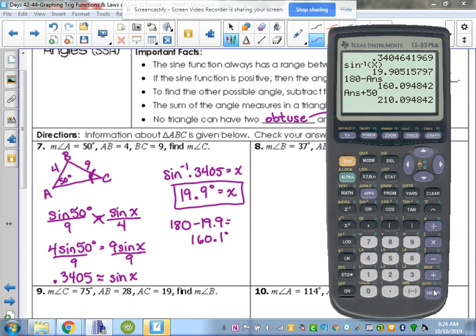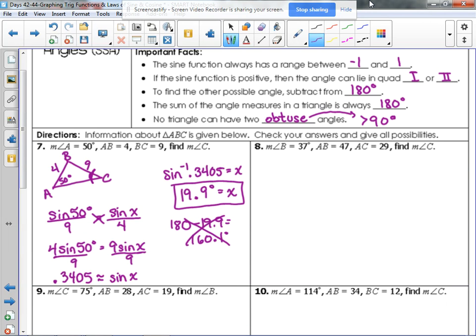So if we add those two angles together, we're way above 180, and we haven't even talked about the third angle of a triangle. So this triangle only has one possibility. And it also really wouldn't make sense for that to be 160 degrees, because we already know that that side is smaller than 9, so our angle has to be smaller than 50. So just keep that in mind there.